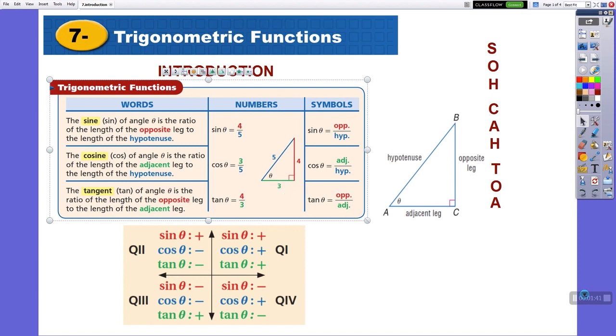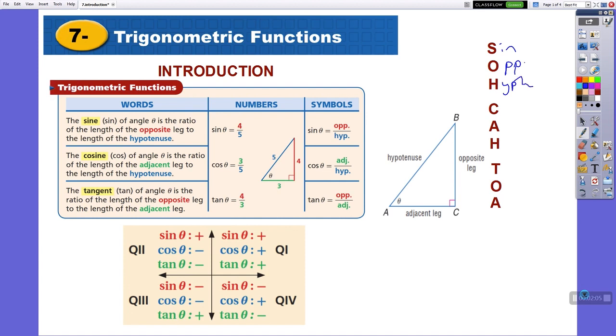If you have difficulties in remembering these ratios, you can use this as a hack: SOH CAH TOA. What does that mean? SOH stands for sine is equal to opposite over hypotenuse.